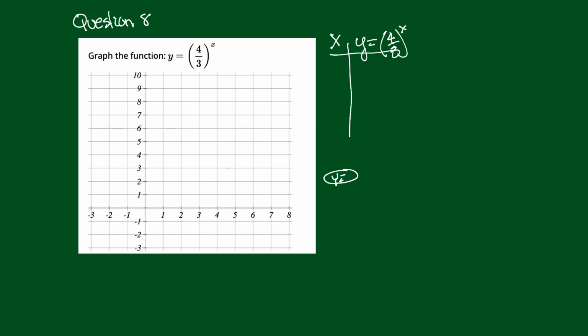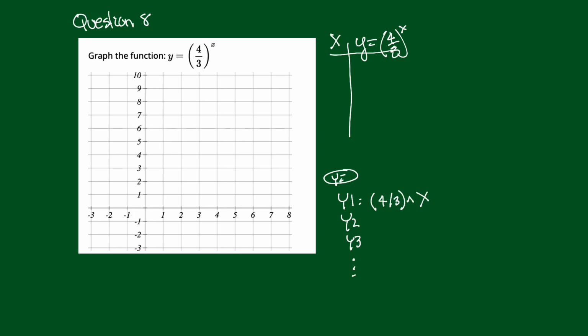Press that key and you get a collection of functions, y1, y2, y3. Go to the y1 function and type in parentheses 4 divided by 3 raised to the x.